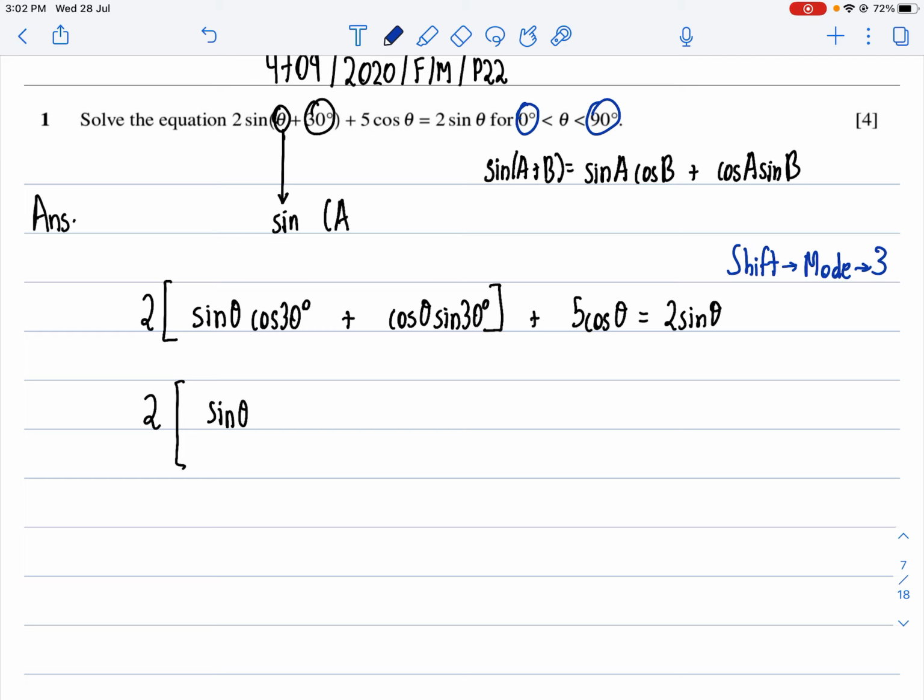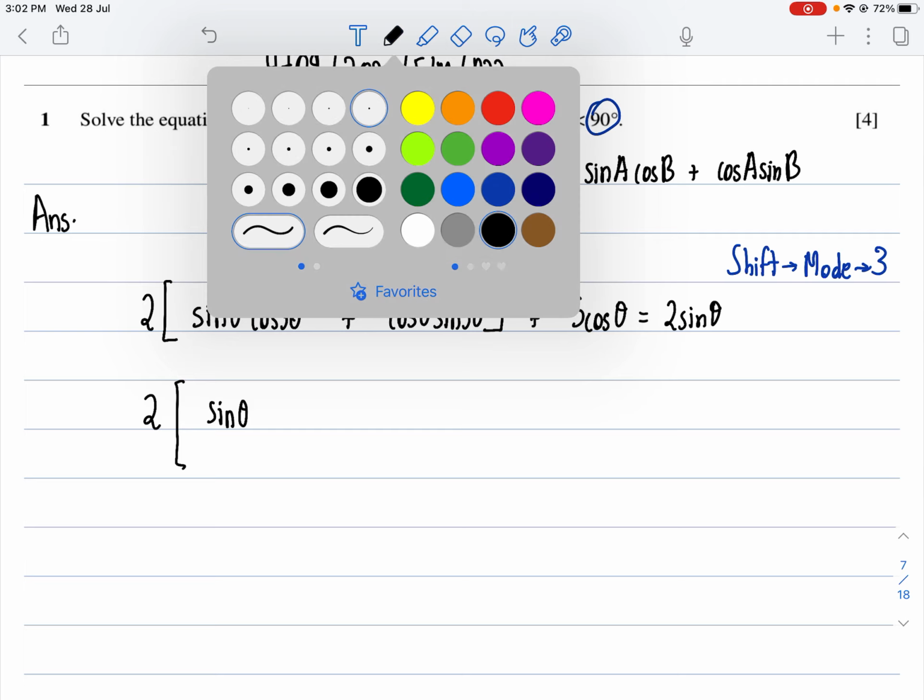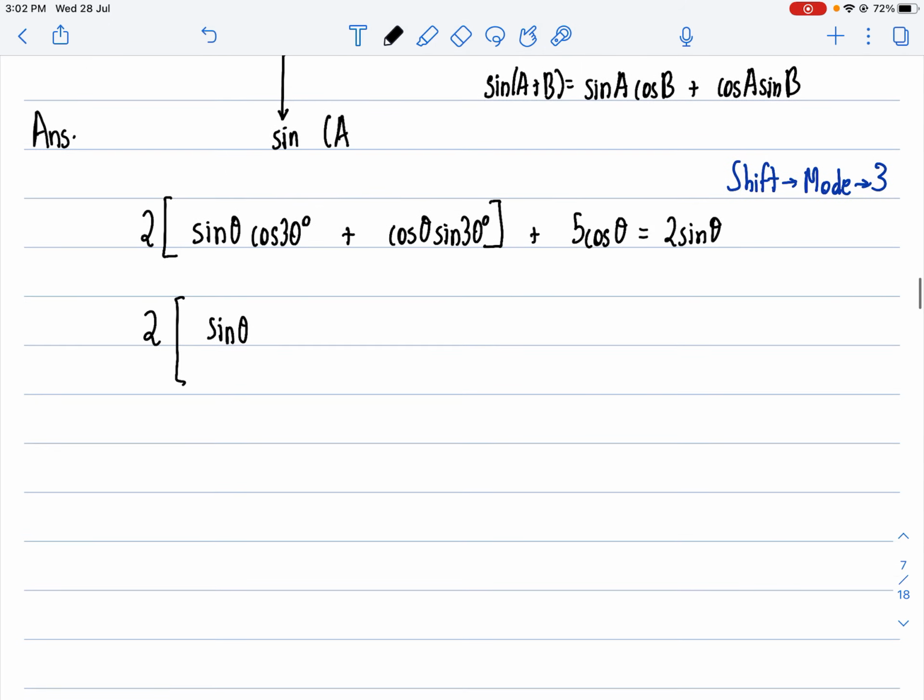So now when you do cos 30 on your calculator, you get root 3 by 2, plus you do cos theta, then again in the degree mode you do sine 30, so you basically get half, plus 5 cos theta equals 2 sine theta.